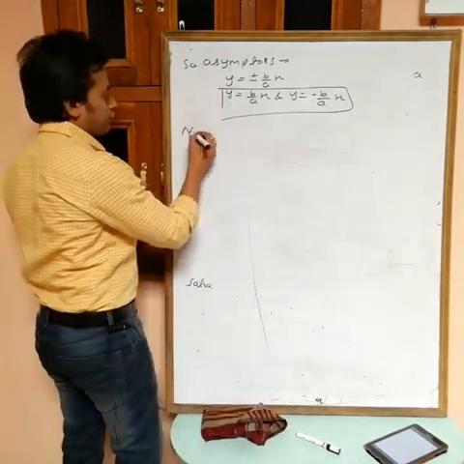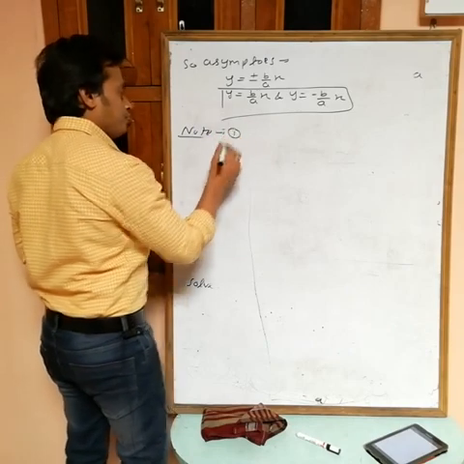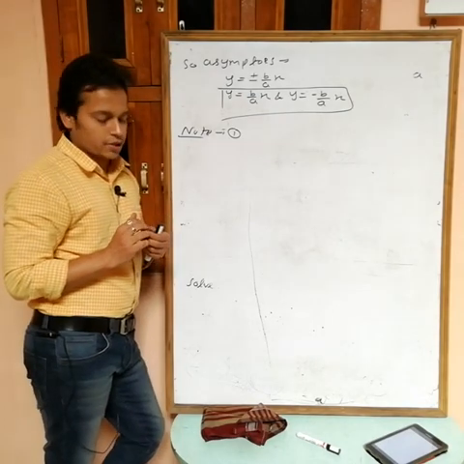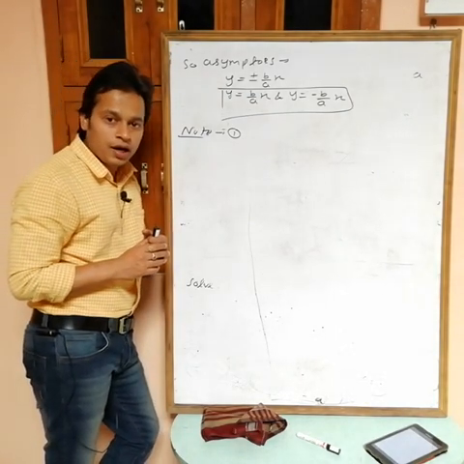Now some notes. First one, both asymptotes pass through the origin. Actually, the origin is the center of the hyperbola.